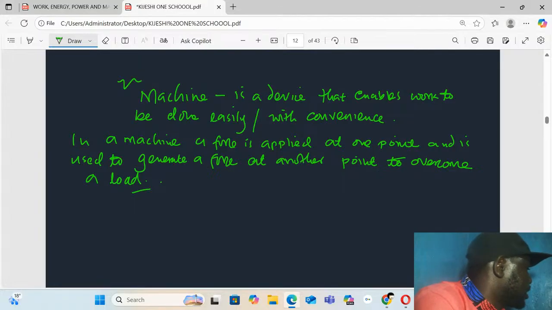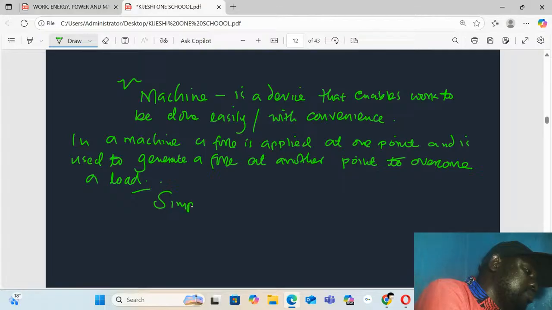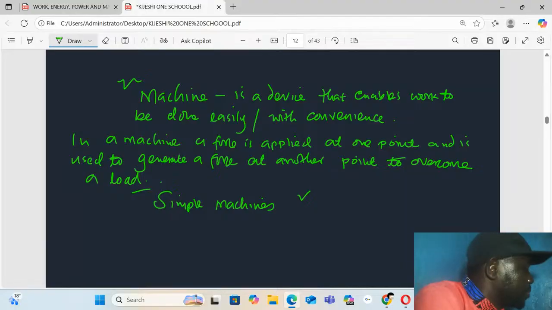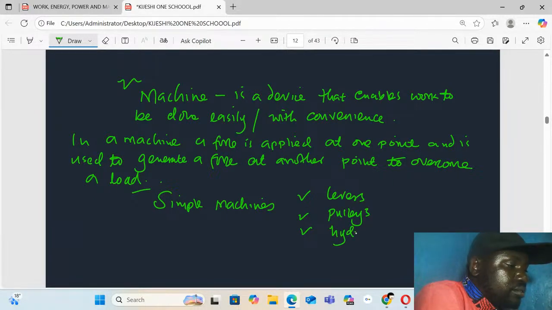Now we have some simple machines that we all know. We have the levers, the pulleys, the hydraulic press, and the gears.